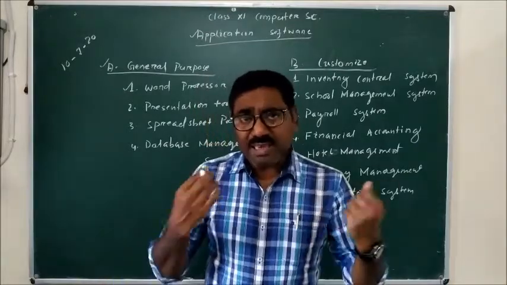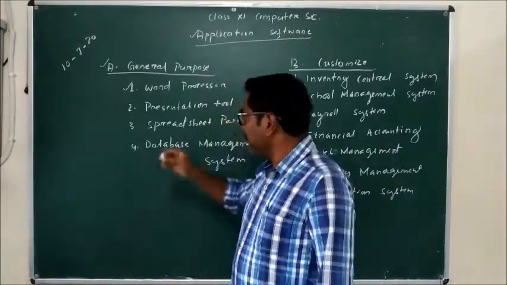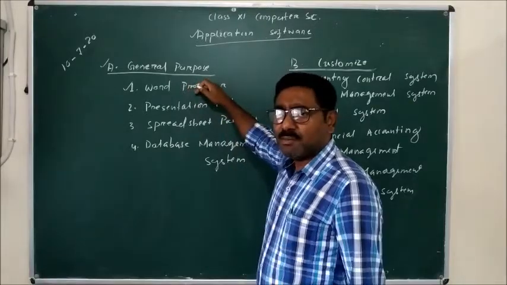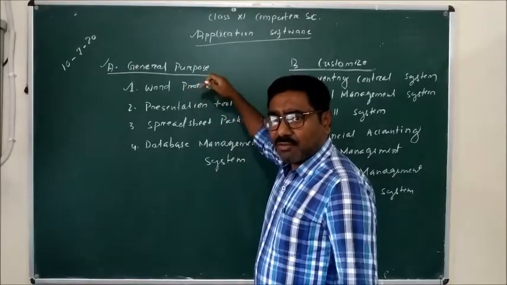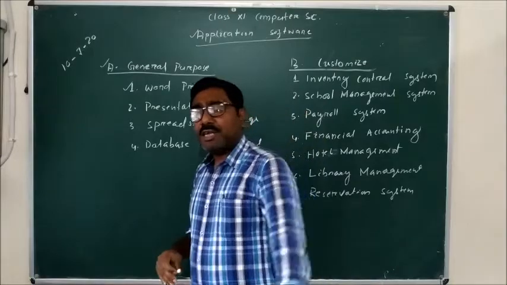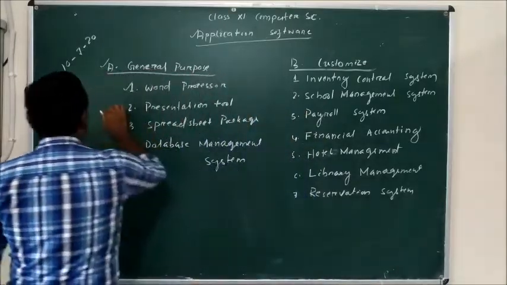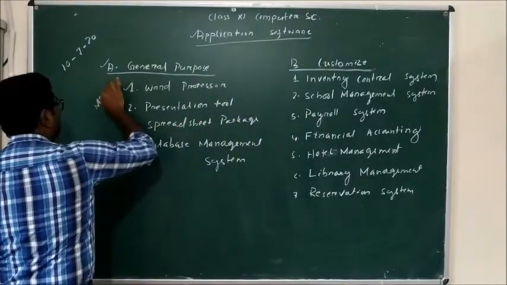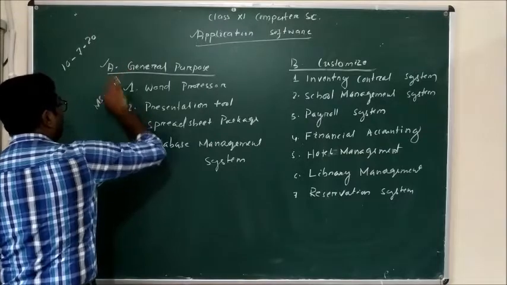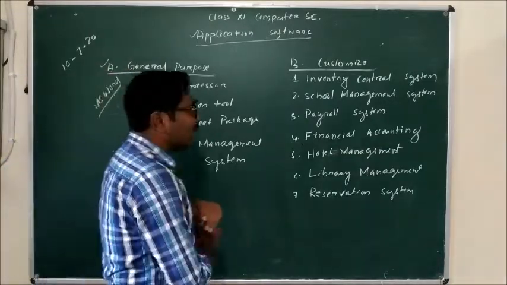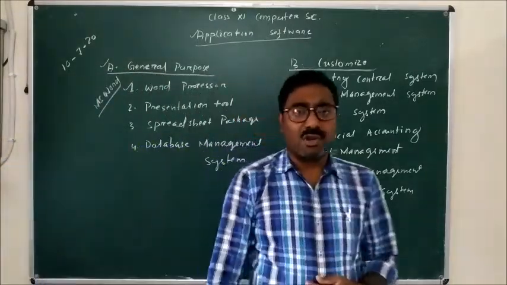So to create a document, we have to use word processor software. The most commonly used word processor software is Microsoft Word. You have used Microsoft Word. This is word processor software.